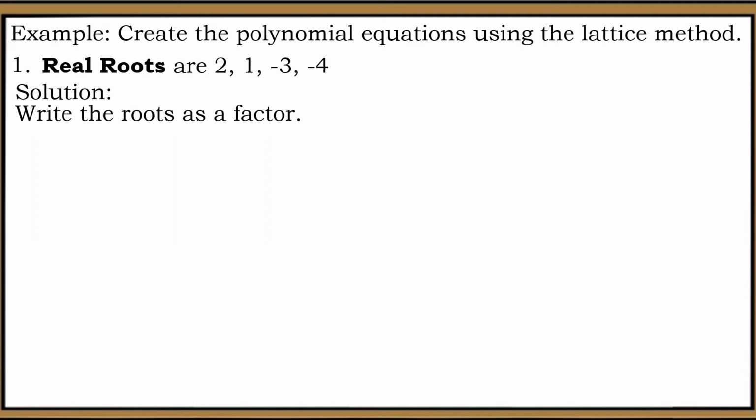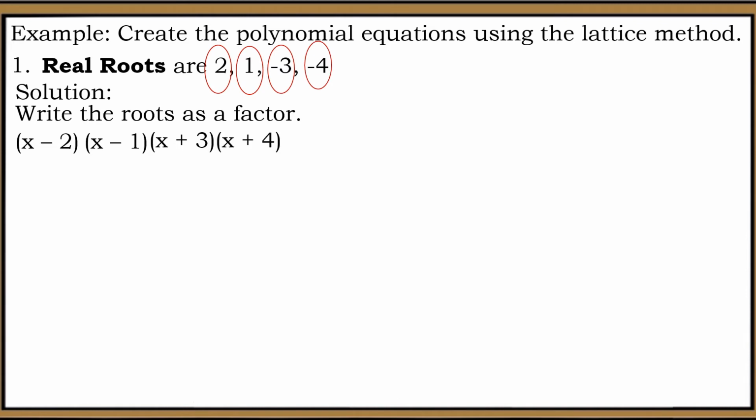Let us write the roots as a factor. So, yung 2, if we will write this as a factor, that is x minus 2. Sa 1, that is x minus 1. -3, if we write as a factor, it is x plus 3. And -4, we have x plus 4.